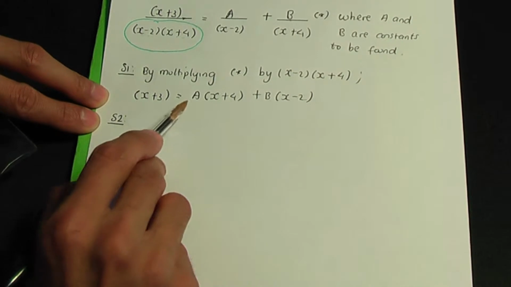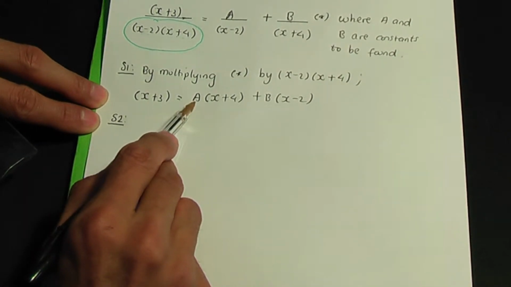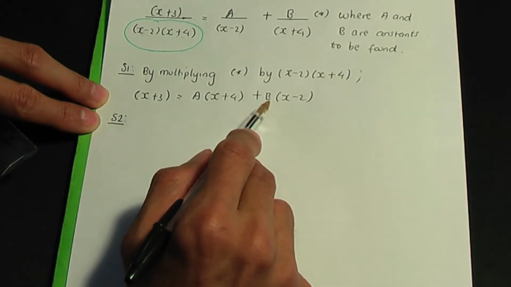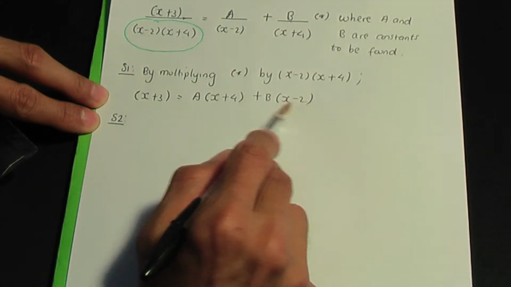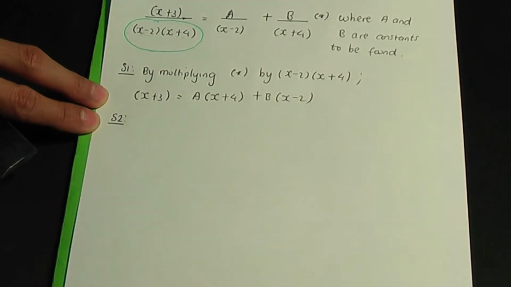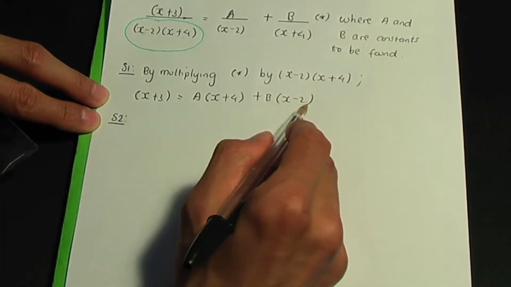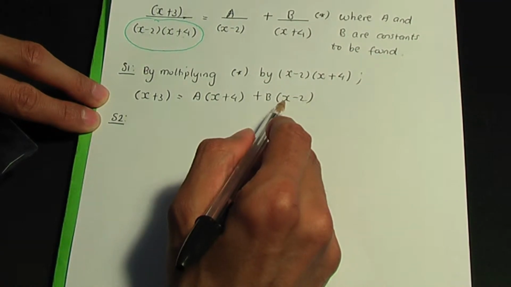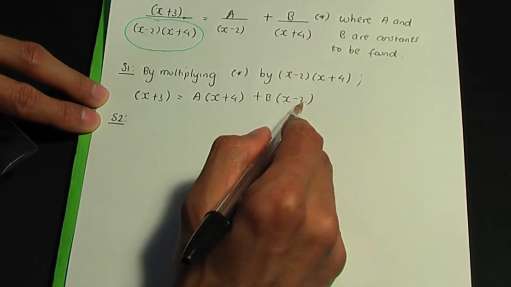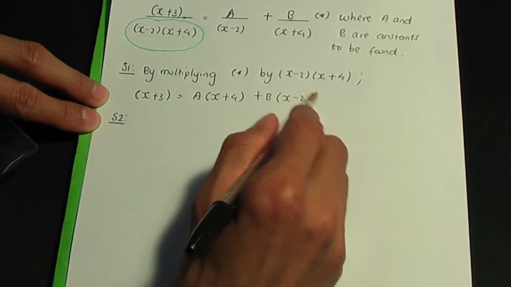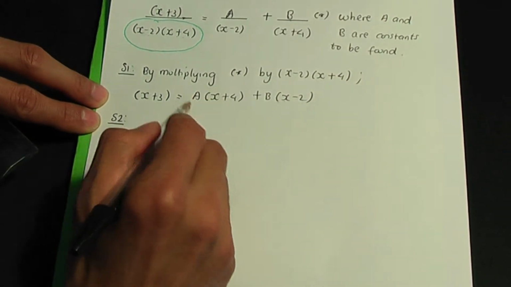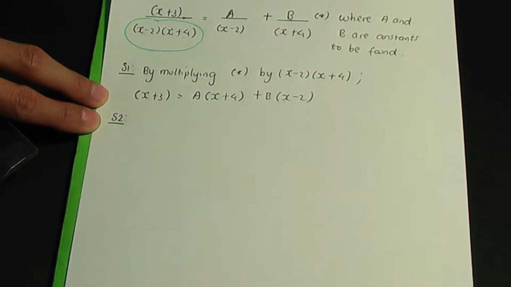Okay, so for example, if I want to calculate a, I choose a value of x to eliminate this term here in order to work out what that term a is. So looking at this term, I have x minus 2, so if I take x to be 2, as 2 minus 2 is 0, that would eliminate this term here so that I can work out the term a.